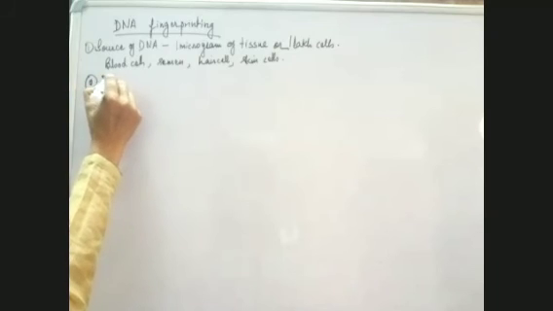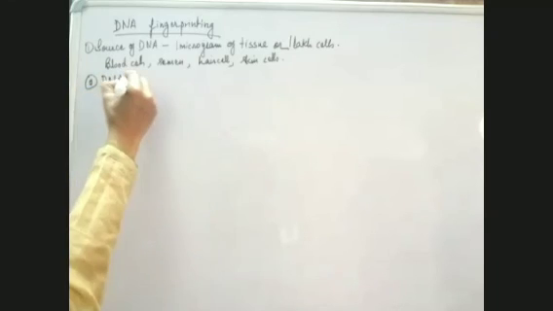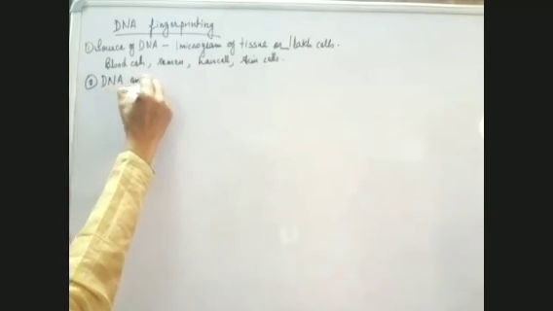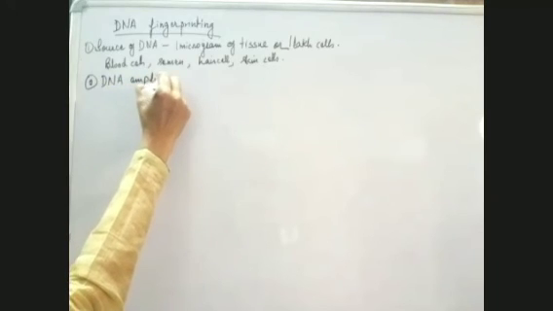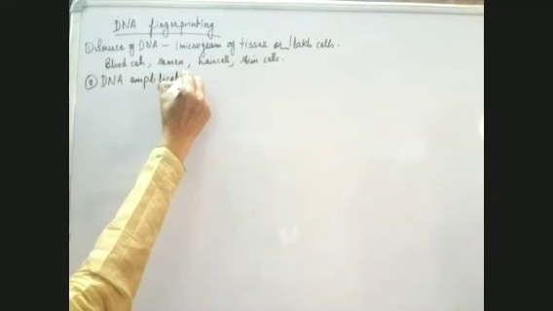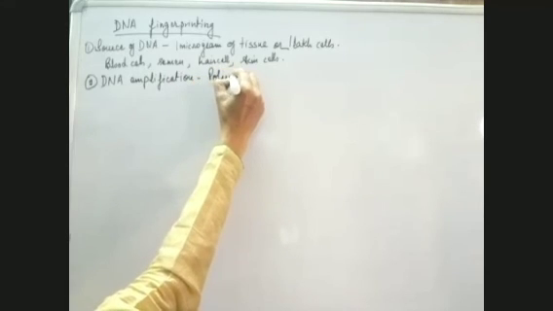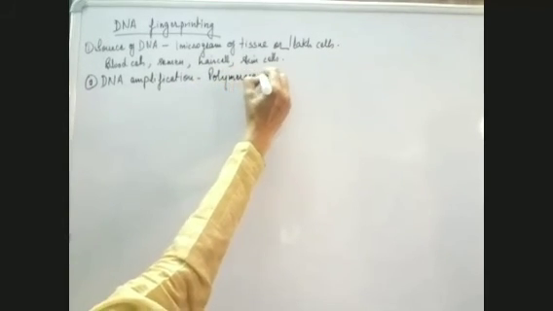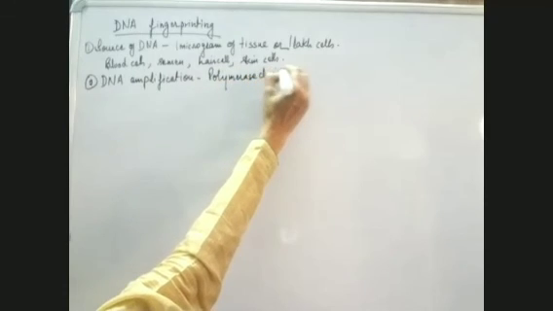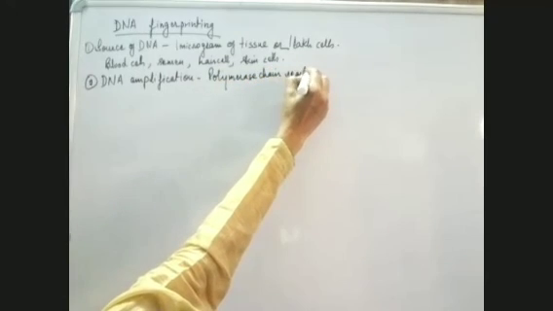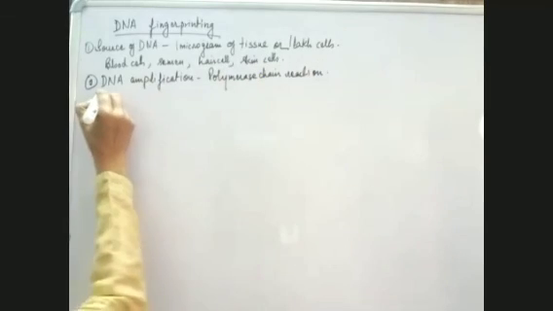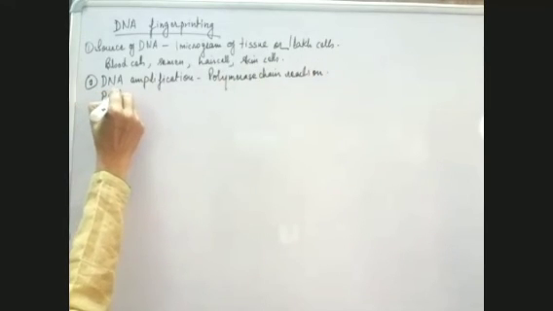So we can go for the second step, and that second step is DNA amplification, if the sample is insufficient. This is done by polymerase chain reaction, or PCR. In short, this is known as the PCR technique.